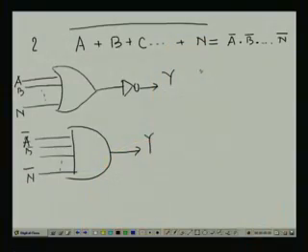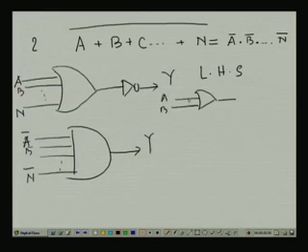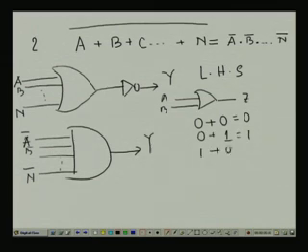Now, another thing is when the left hand side will produce a 1. See, for the second case, it is an n input OR, and what is a 2 input OR truth table? If it is 2 input, we remember A plus B: 0 plus 0 is 0, 0 plus 1 is 1, 1 plus 0 is 1, 1 plus 1 is 1.